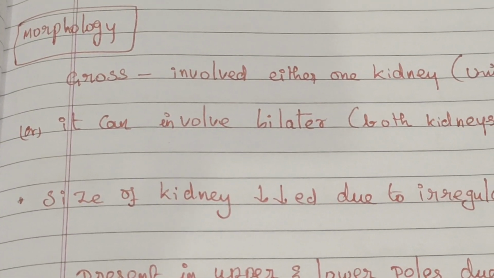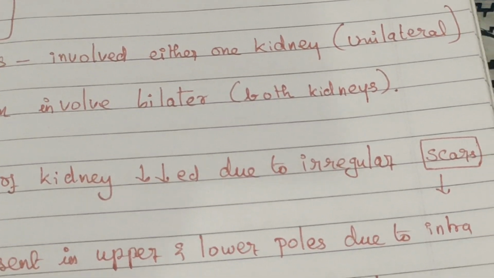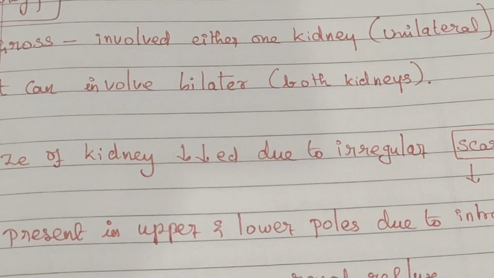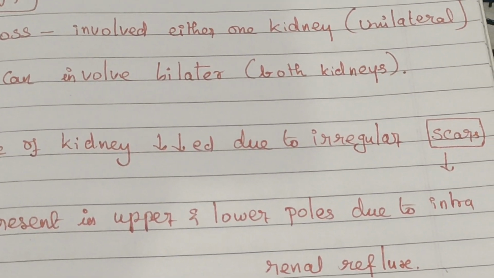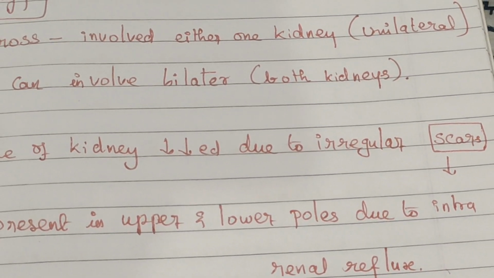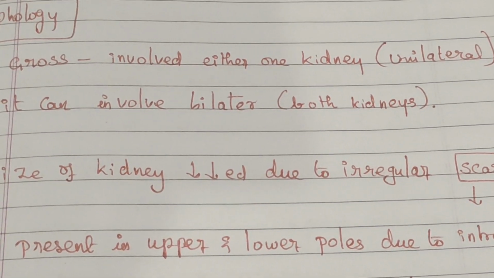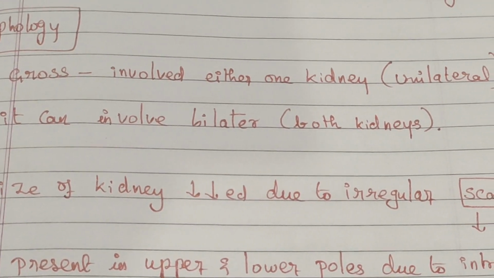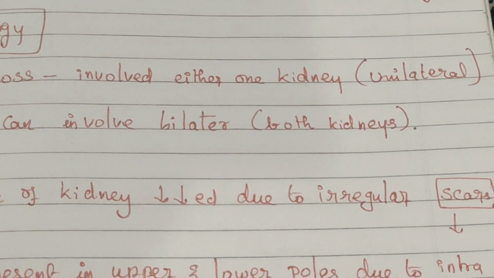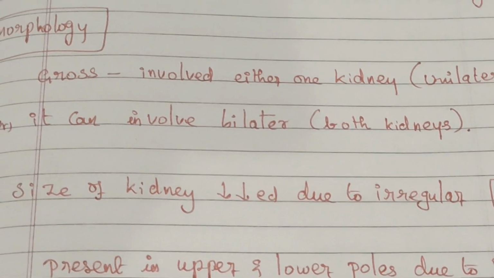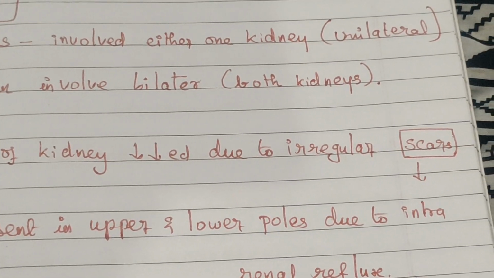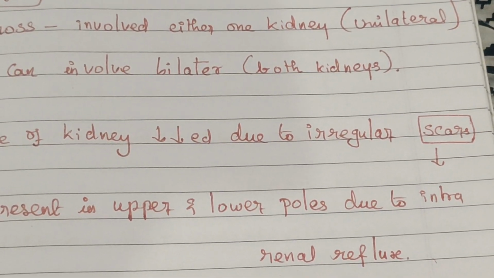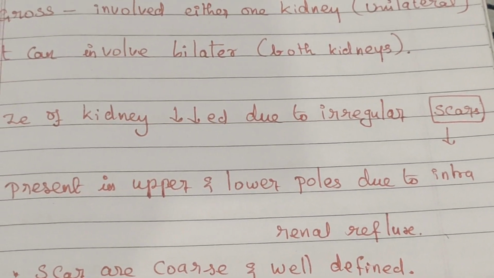The size of the kidney decreases due to irregular scars. These scars are present in the upper and lower poles due to intrarenal reflux, which is more common in the upper and lower poles.